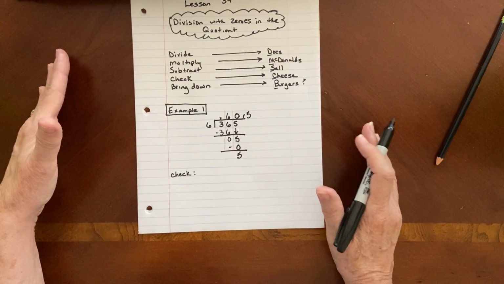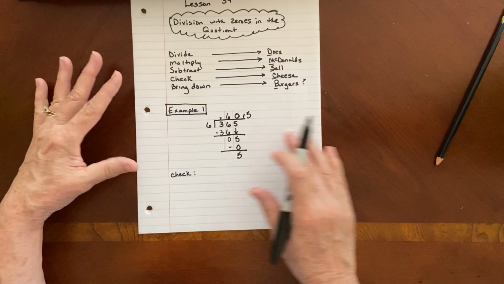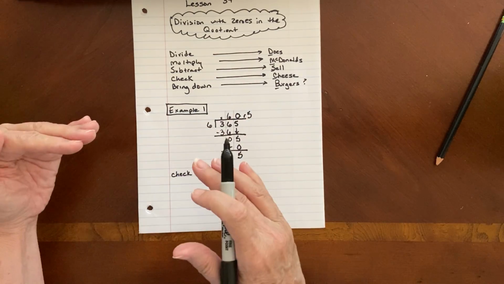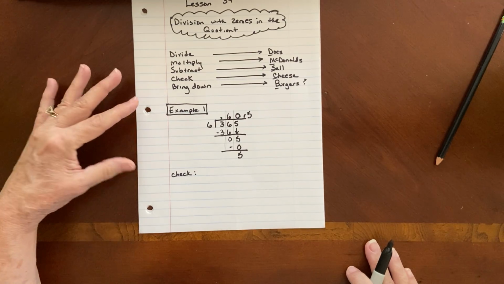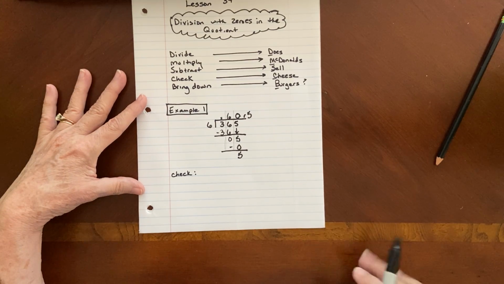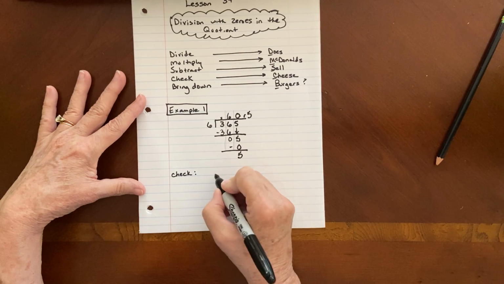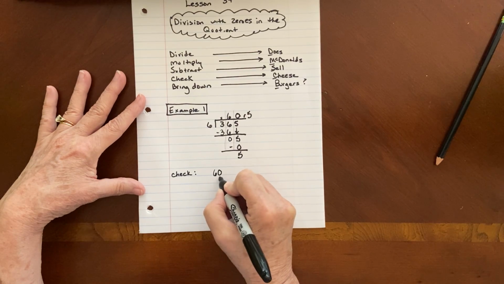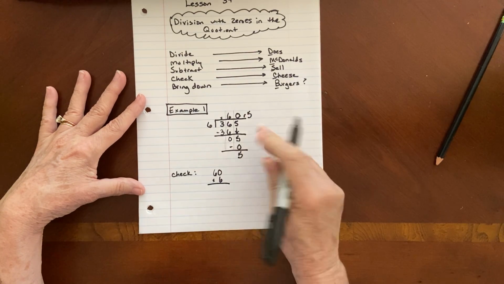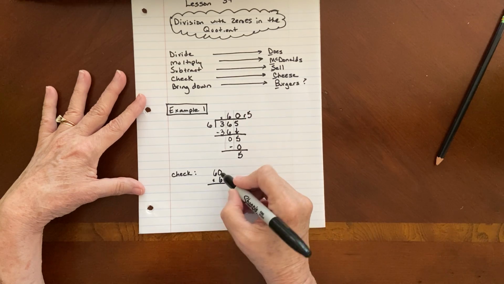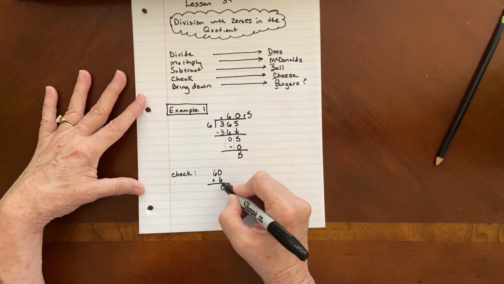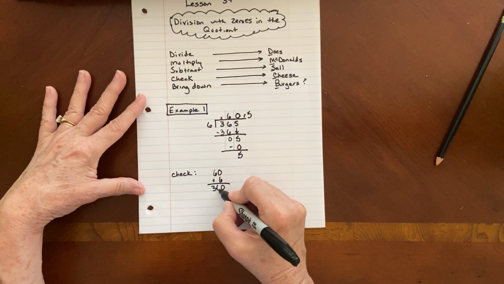In order to check, we're going to use an inverse operation. So we've divided, so the opposite of that, the inverse of that, is multiplication. So let's check and multiply 60 times 6. Remember, I'm going to leave the remainder for right now. 6 times 0, 6 times 6 is 36.